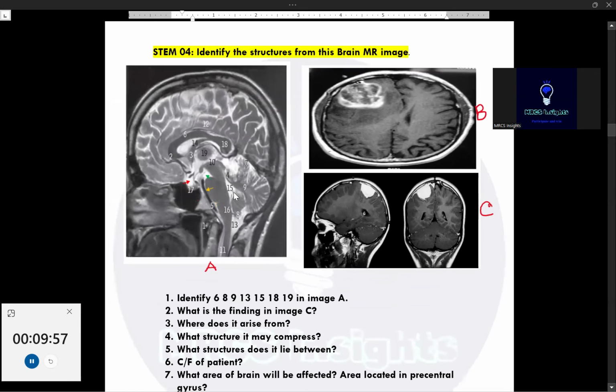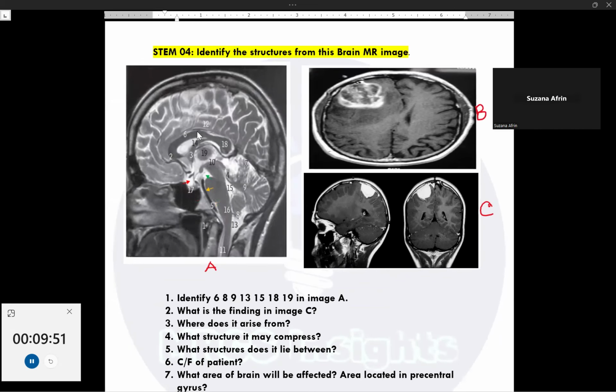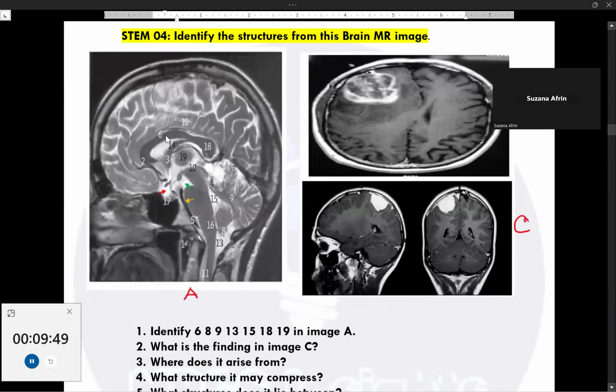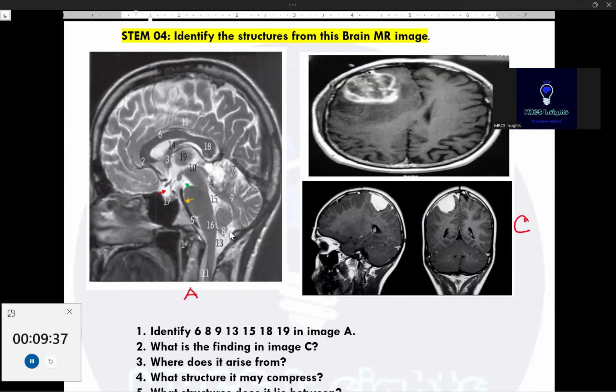In this image A, what is number 6? Number 6 is the body of the corpus callosum. Okay. What is number 8? Number 8 here is the cerebellar tonsil. Okay. Now, what is number 9?